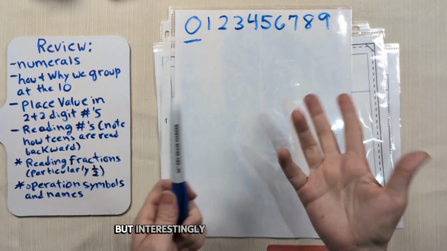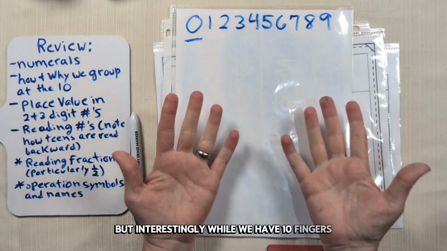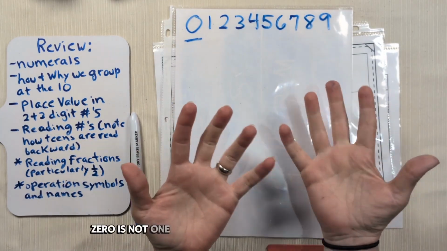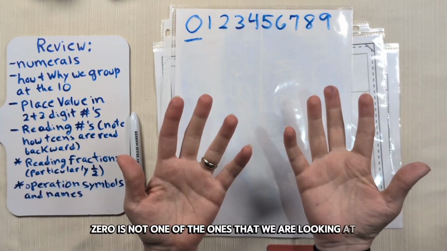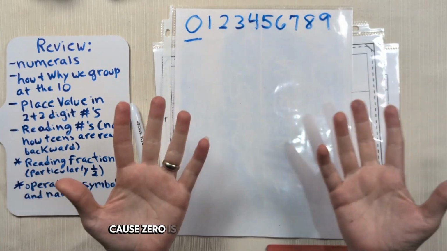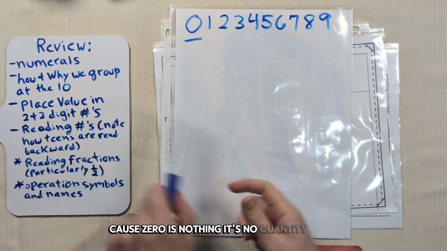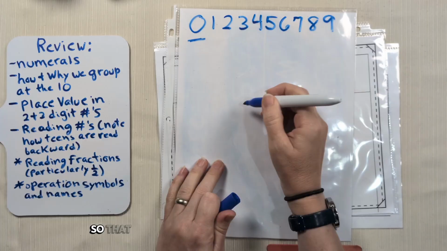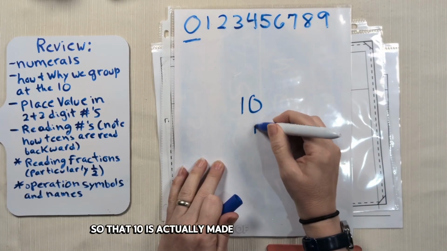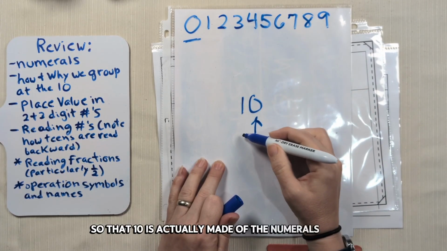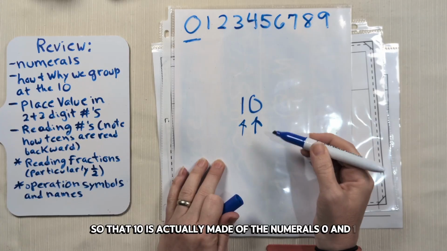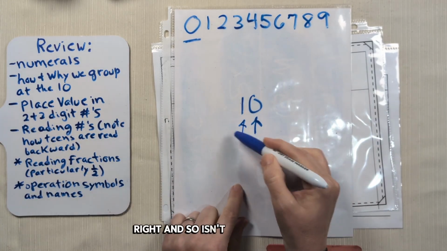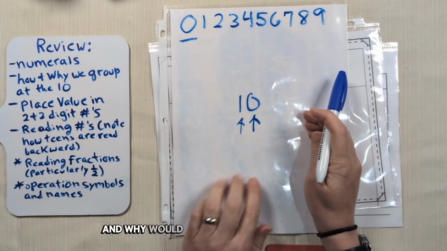But interestingly, while we have 10 fingers, 0 is not one of the ones that we are looking at when we're looking at our fingers, because 0 is nothing, it's no quantity, right? So that 10 is actually made of the numerals 0 and 1, right? And isn't that interesting, and why would that be?